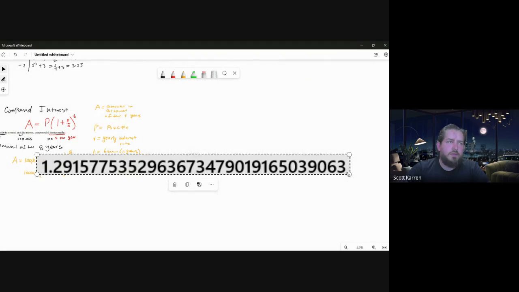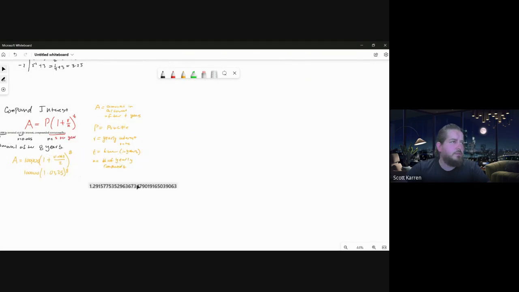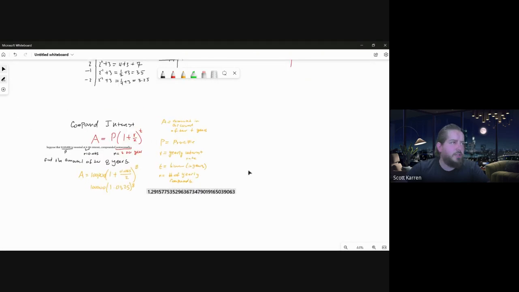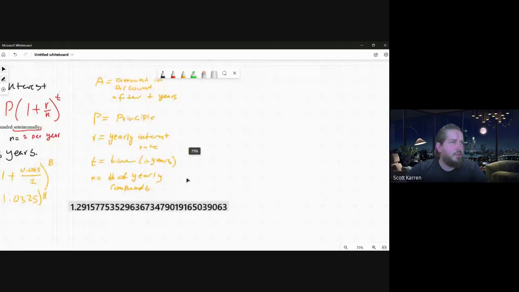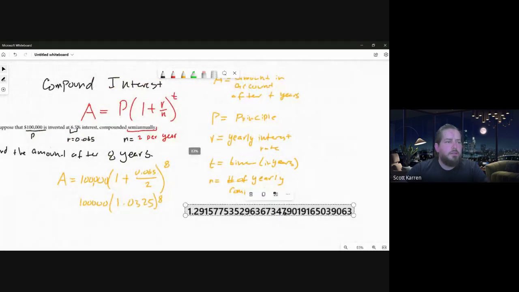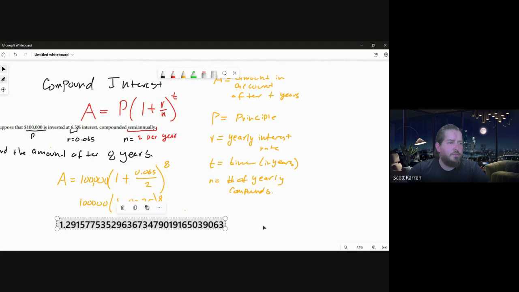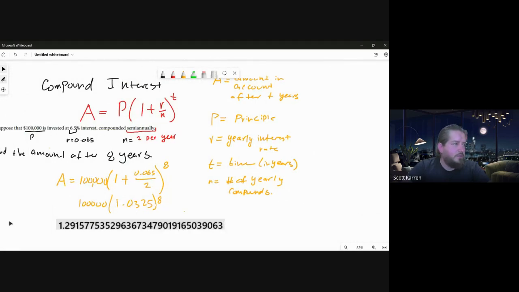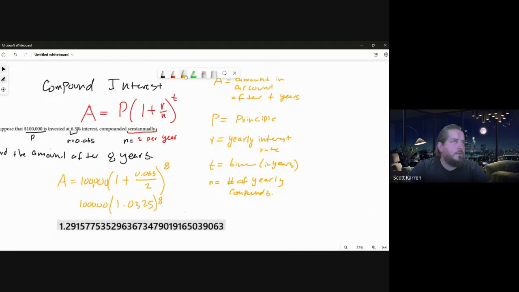I don't know why this thing needs to resize my screen every time I print something on it. So I'm going to write it just like this. It's 100,000 multiplied by that number, right?